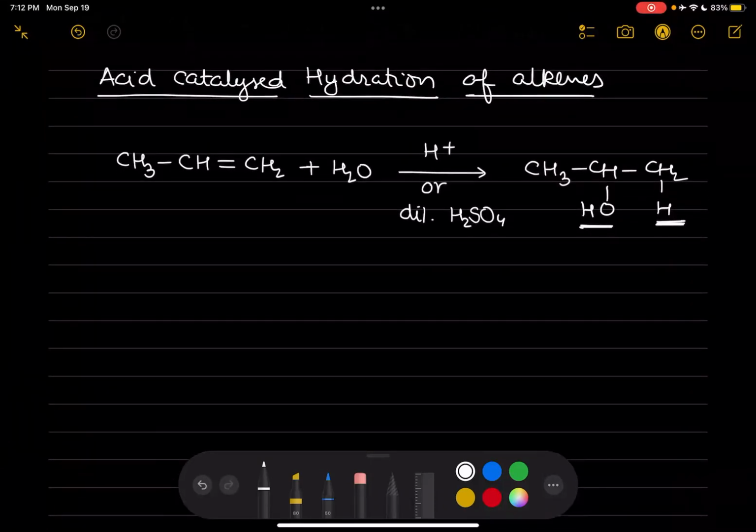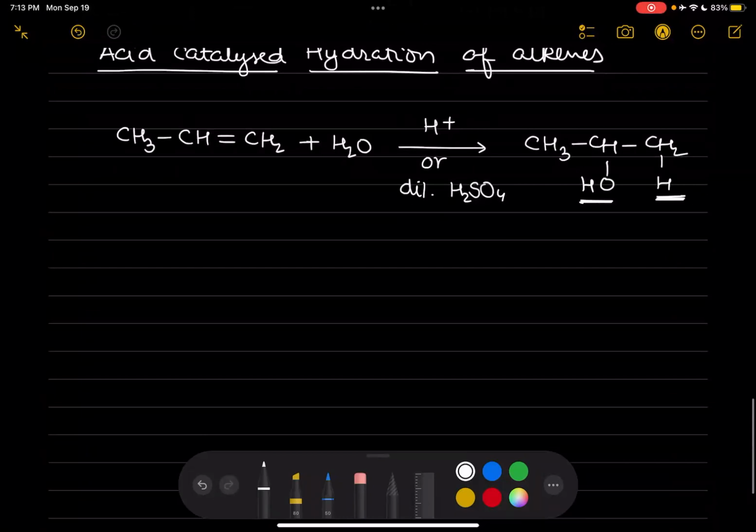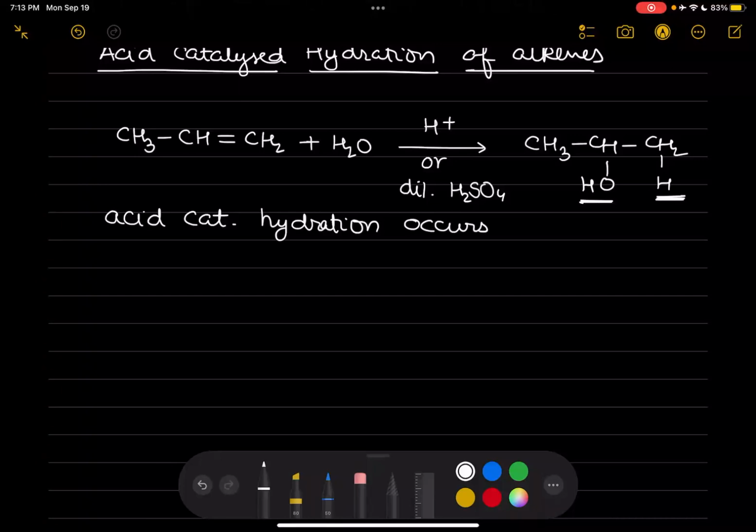Okay, and this is governed by what rule? How does the addition take place, what is the mode of addition, and which rule governs this? That is Markovnikov. It occurs through Markovnikov rule.